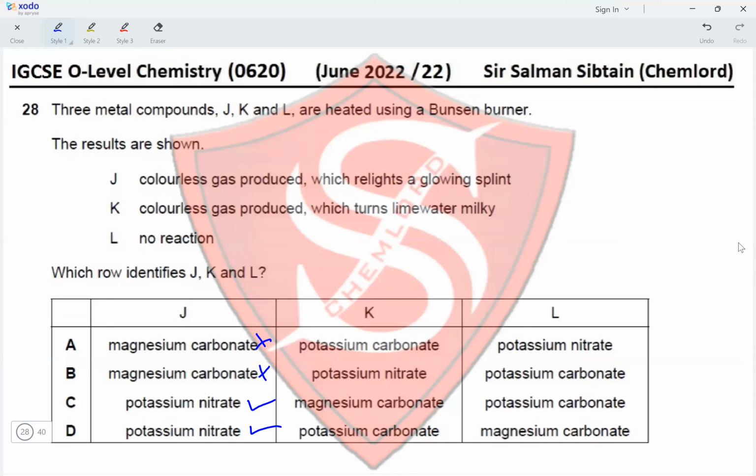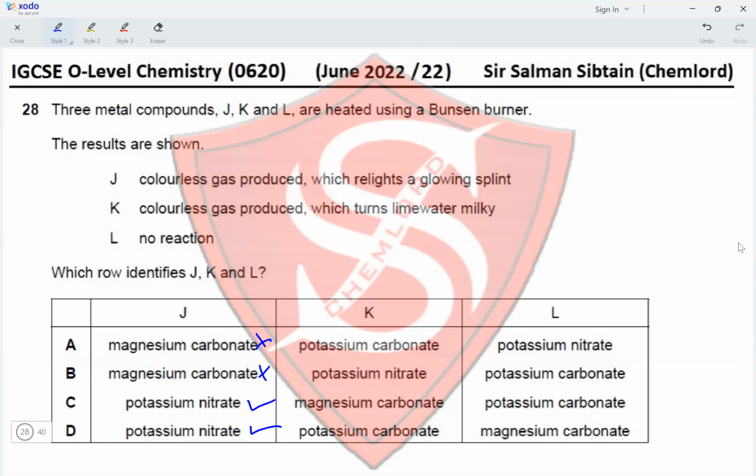Now K, upon heating in a Bunsen flame, produces a colorless gas which turns lime water milky. So this should be a carbonate, which is there in both options C and D. But we have potassium carbonate and magnesium carbonate present. The one that will decompose more readily would be the one with the larger size of the cation, which would be magnesium and not potassium.